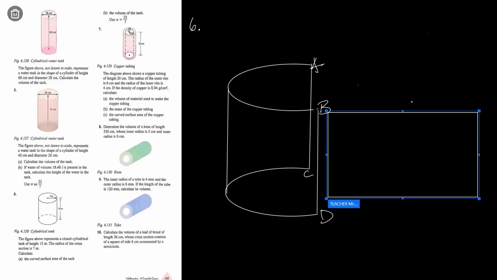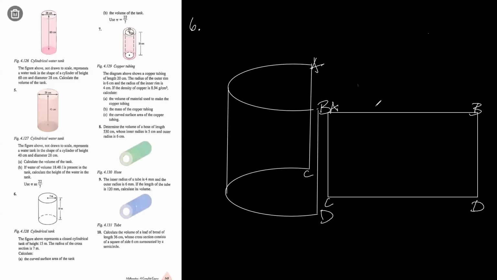So this length at the top is still AB, and this is still my CD.